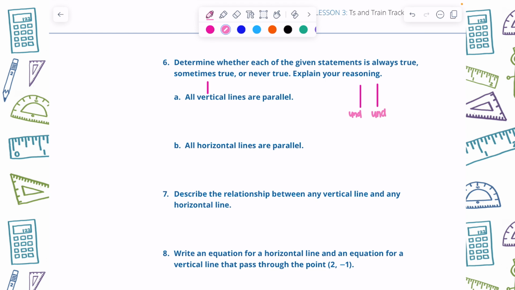Because if we do rise over run, we wouldn't run any, so we'd have a number divided by 0, which would give us an undefined slope. Remember, parallel lines have the same slope. So these do have the same slope. They are both undefined slope. So this would be always true. All vertical lines are parallel always. And our reason would be because they have the same slope.